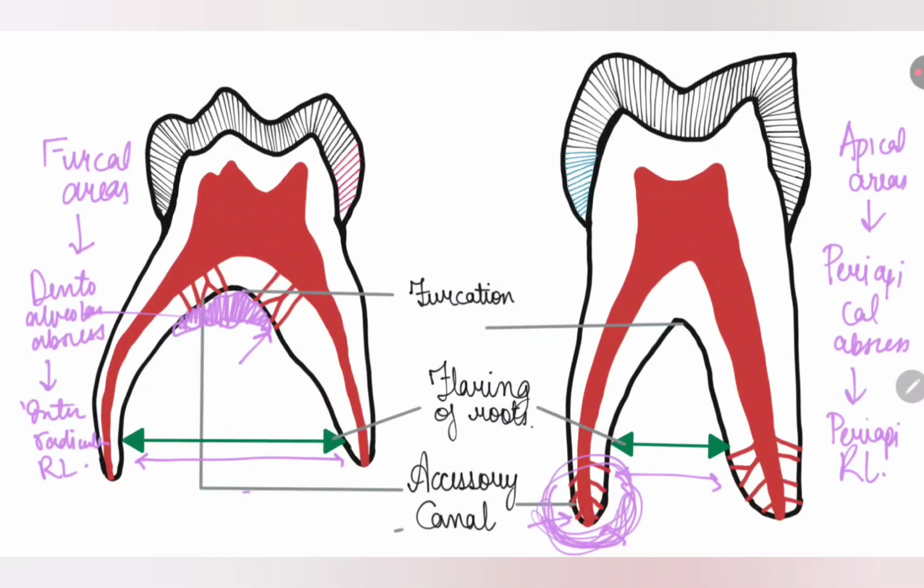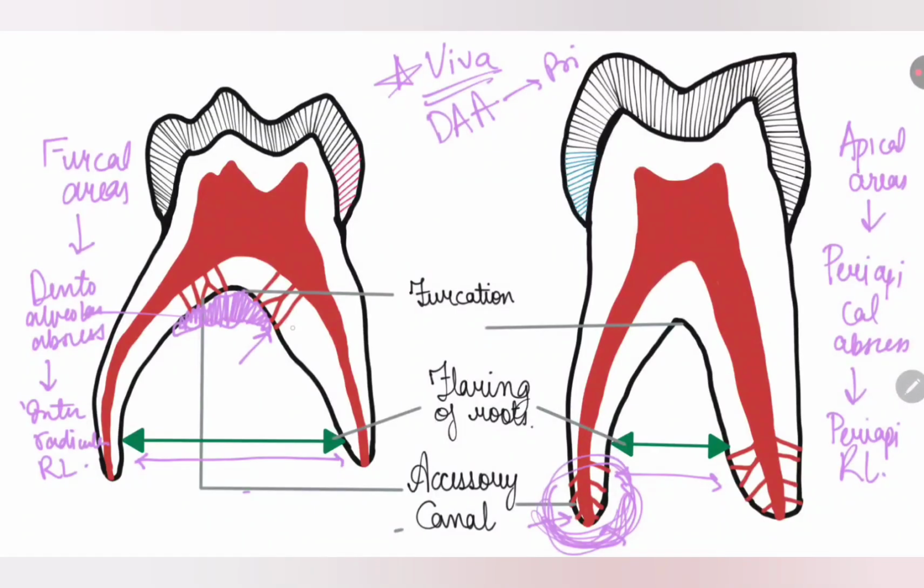So don't forget this. This is a very important viva question: why do you see dentoalveolar abscess in primary teeth? Why is it common in primary teeth? So your answer is, in primary teeth there are numerous accessory canals located in the furcal area.